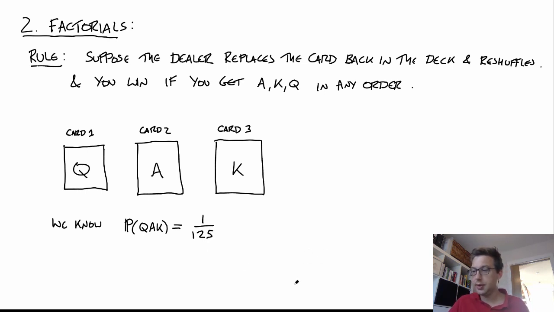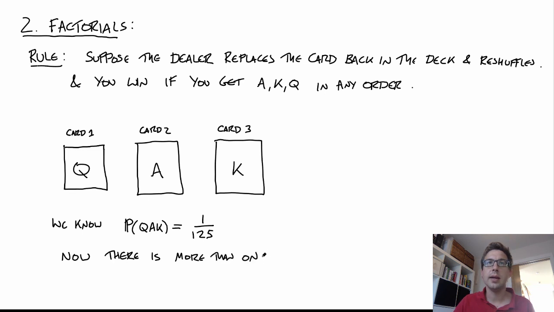Now the issue is that there's more than one way that we can win, i.e. for the event that we're interested in, the event that we win, the size of that set is now bigger than 1.